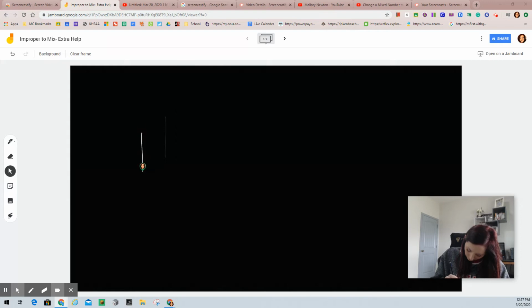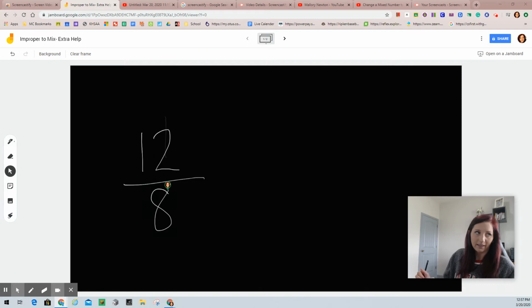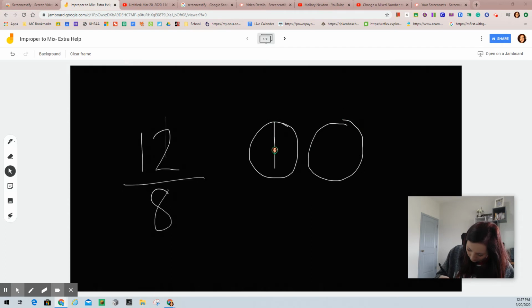Okay, so if we had 12 eighths, that's an improper fraction because our numerator is bigger than our denominator. We can always draw it out, or we could do the diagram method. Okay, so I'm drawing out my circles.